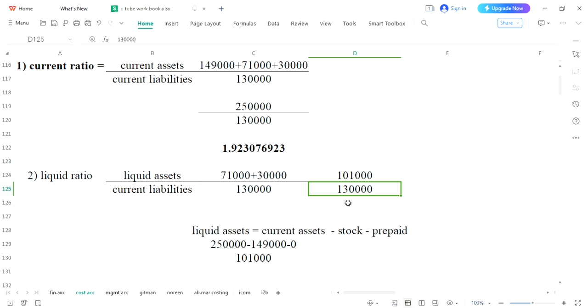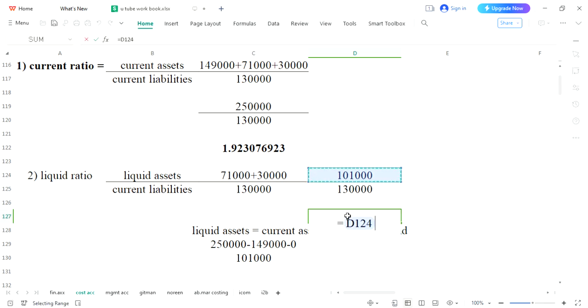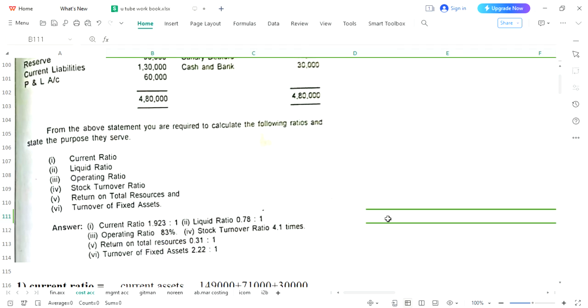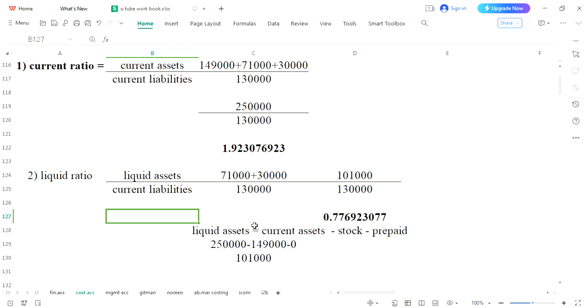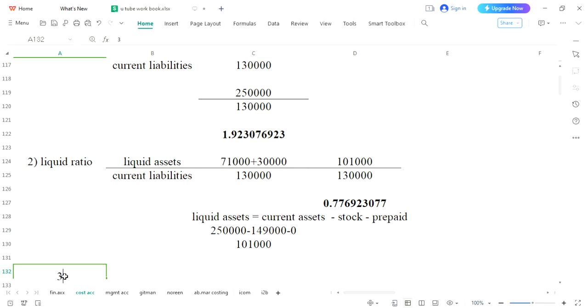In both ways you will get the same answer. Now we are ready to calculate the liquid ratio, liquid assets divided by current liabilities. So we have our second answer, 0.77. Look, liquid ratio 0.78, round it up as 0.78. So in this way, two formulas are completed.